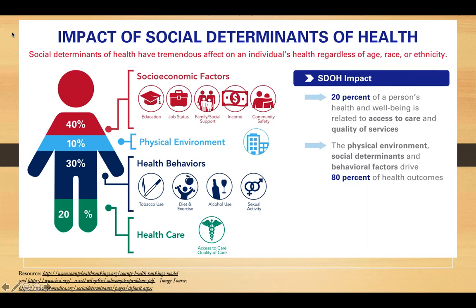And then physical environment. This is not so much. This only has a 10% effect or influence on our health. And then we have health behaviors such as tobacco use, your diet, exercise, alcohol, sexual activity, things like that. That has a bigger impact on our health, a 30% impact, which would make sense. And then 20% is healthcare.